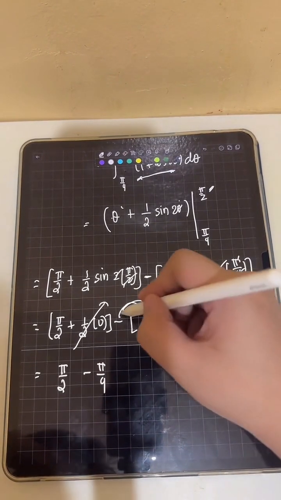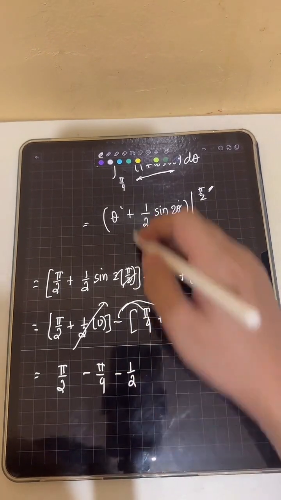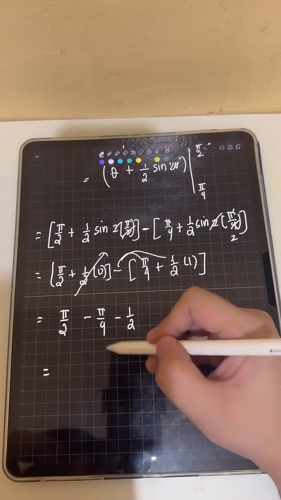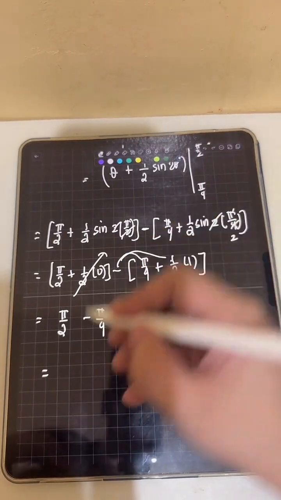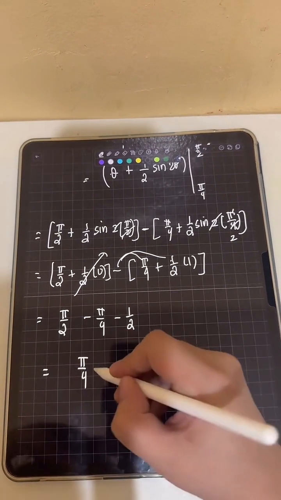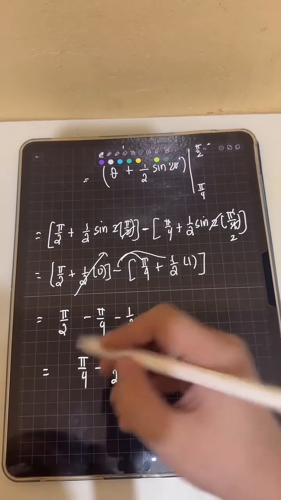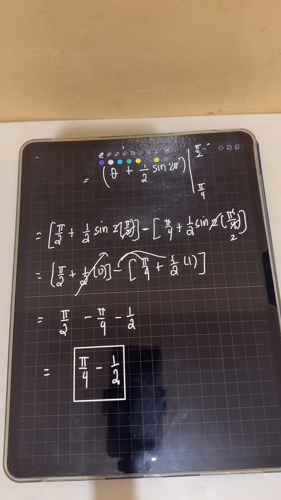And then negative of 1 half times 1, negative 1 half. Then we can combine this pi over 2 minus pi over 4. So that's equal to pi over 4, right? Then minus 1 half. So this is the final answer. Pi over 4 minus 1 half.